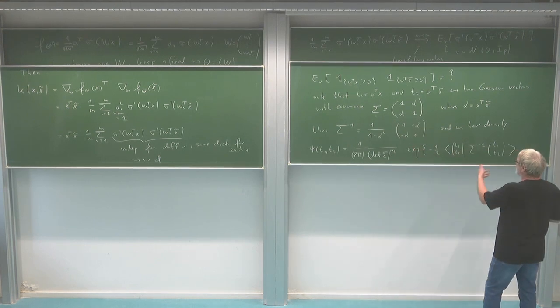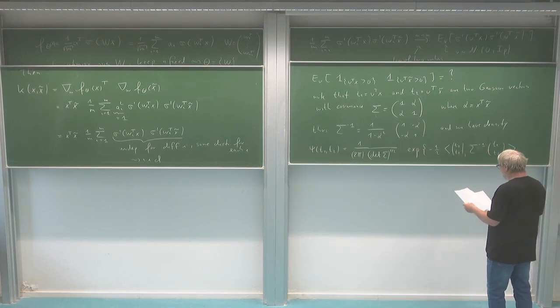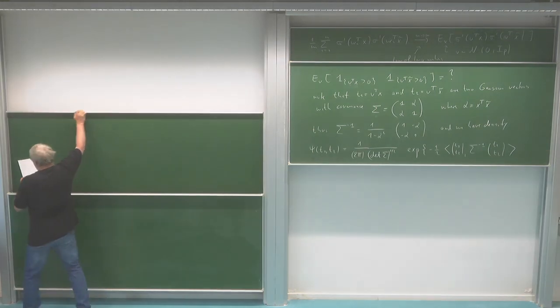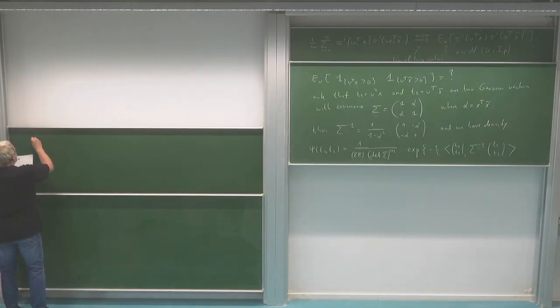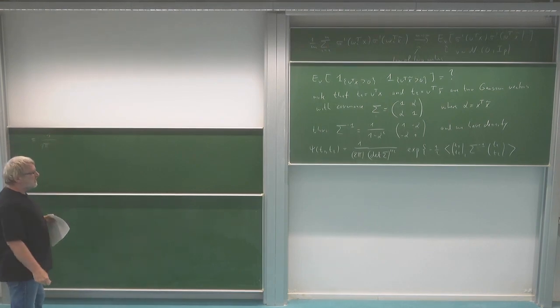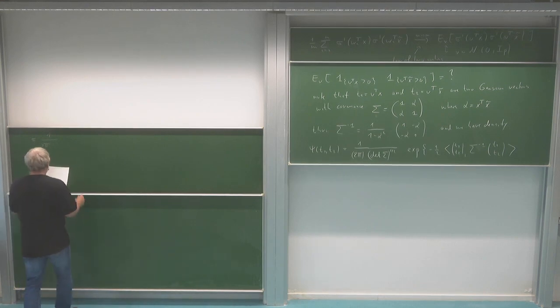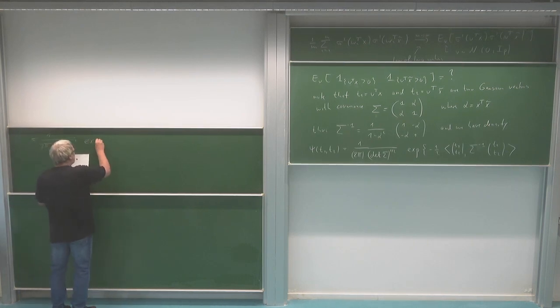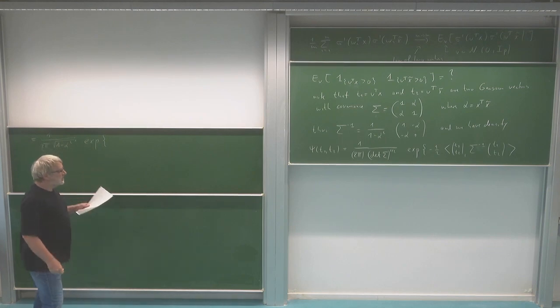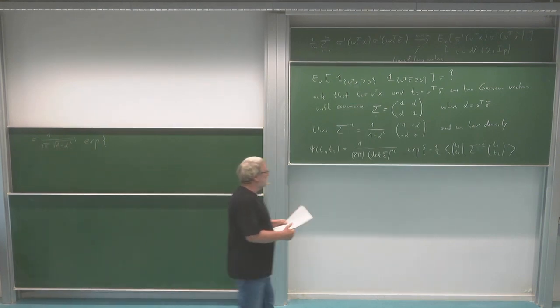Okay, but now of course we know what sigma is, so I can write it down explicitly. So this is 1 over 2 pi, and the determinant of sigma is 1 minus alpha squared, and I take the square root of this, and then the density is this inner product.